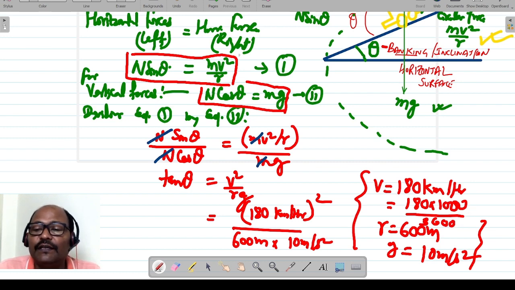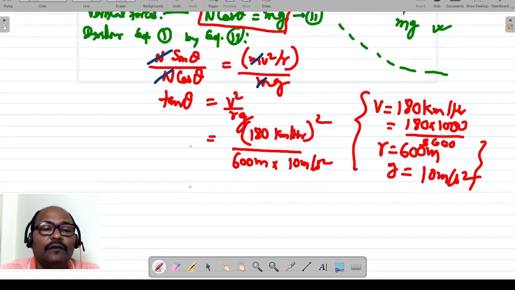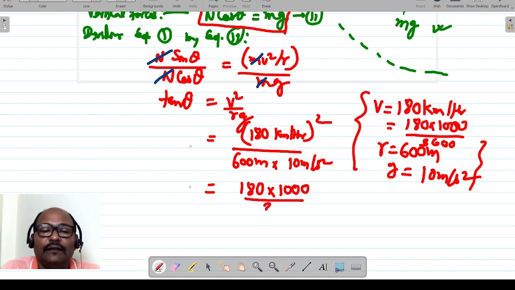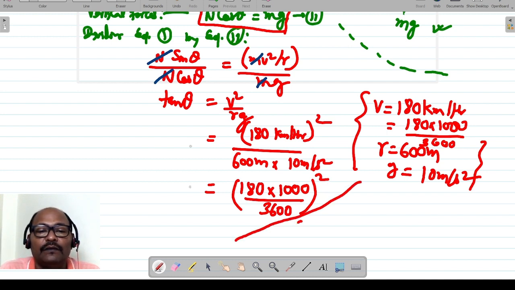So this will come as whatever the value, and the theta is the banking of that road. That can be calculated by the tan inverse of this value. So this value will be 180 into 1000 by 3600, whole square, divided by 6000.